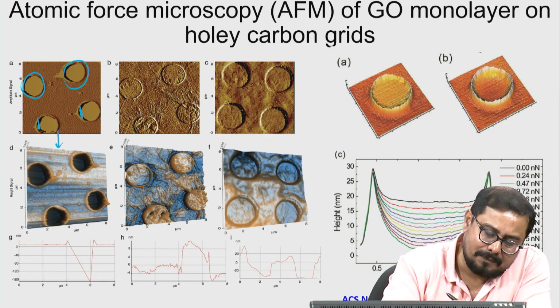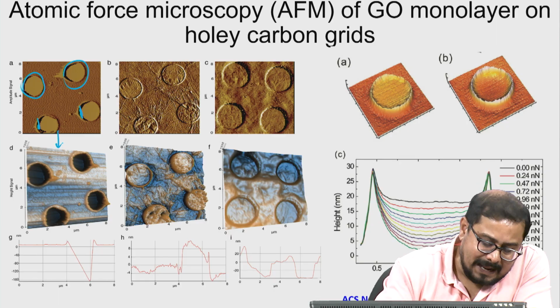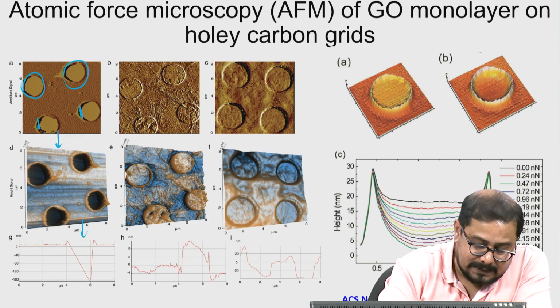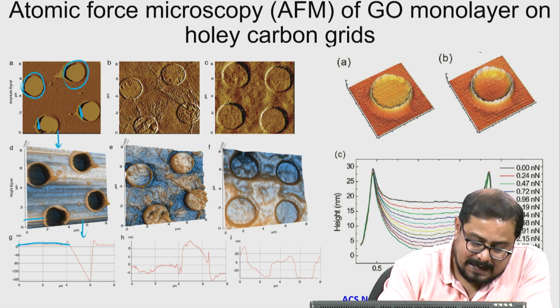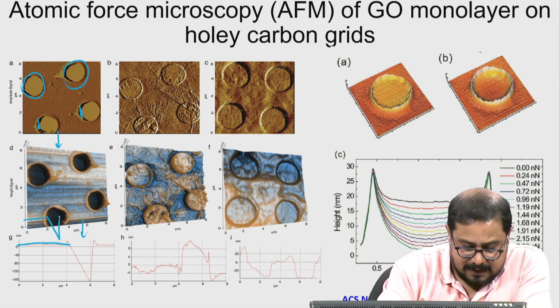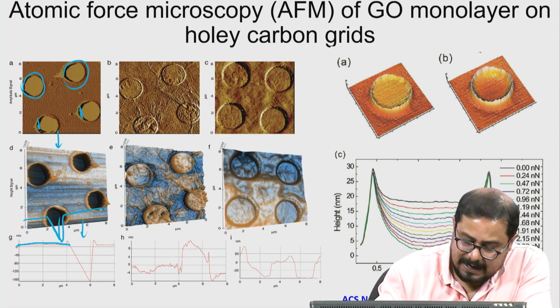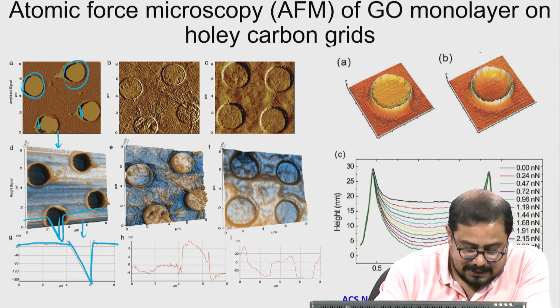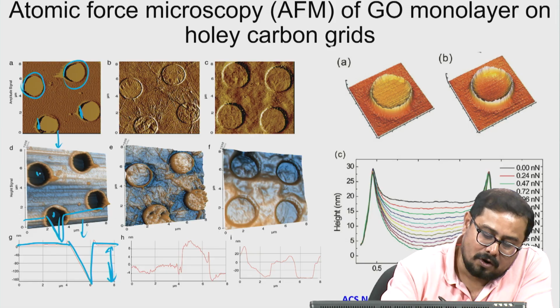If you look at the same grid from a different angle, this is the curve, and this is the carbon area. It is going like that, and then there is a hole area, and again it is going straight. So this is the depth it is showing, the depth of this particular hole.